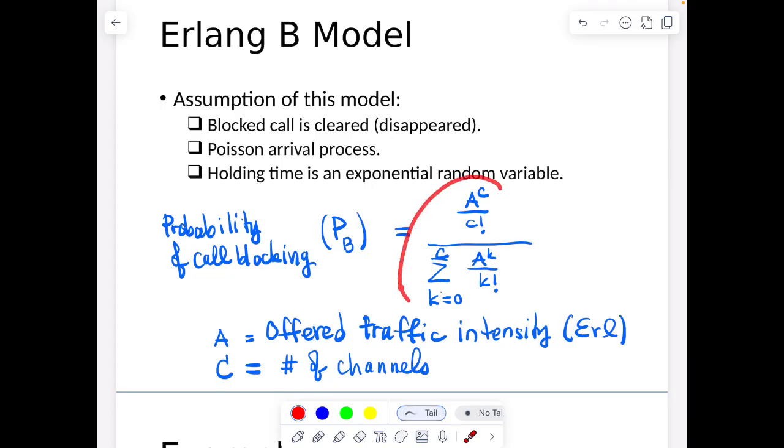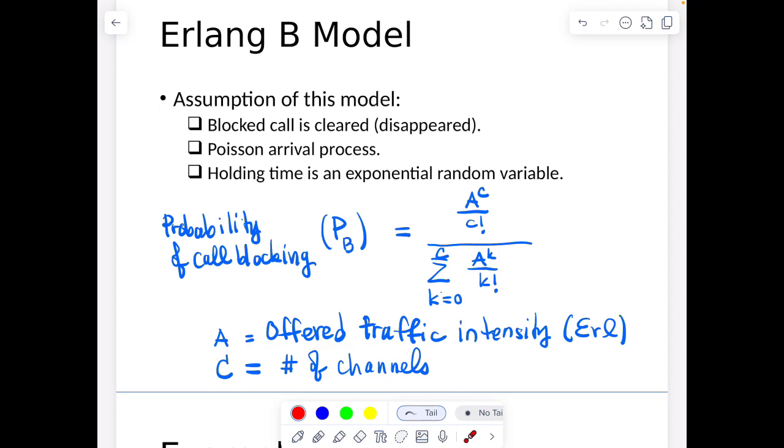Okay, and the formula is this. So A, remember, A is traffic intensity. In this case, A is the offered traffic intensity. Offered means it's the total traffic that tries to connect to the network. Okay, this is in terms of Erlang. Okay, and it depends on C, the number of channels or the number of circuits available at the base station.